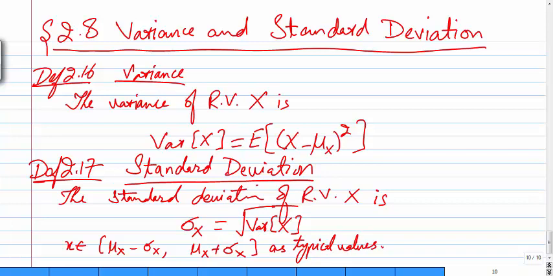If your mean is the central point, and you go to the left or right side by one standard deviation, those values of the random variable X are the typical values.